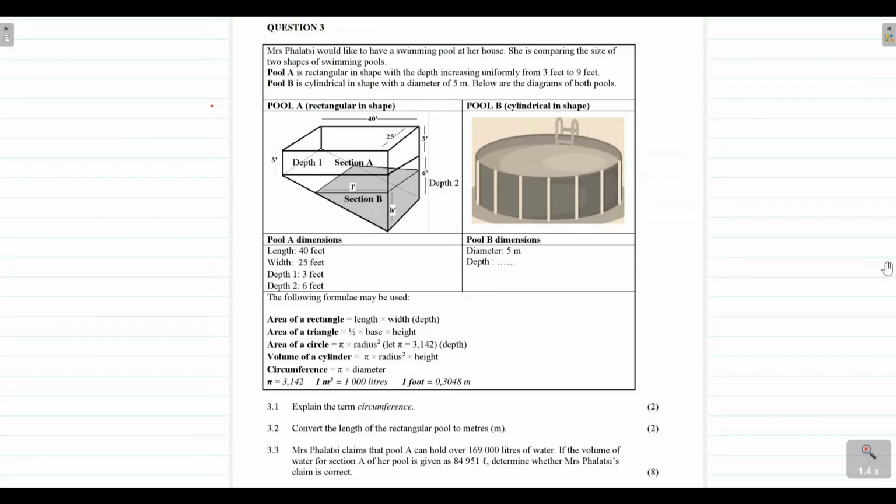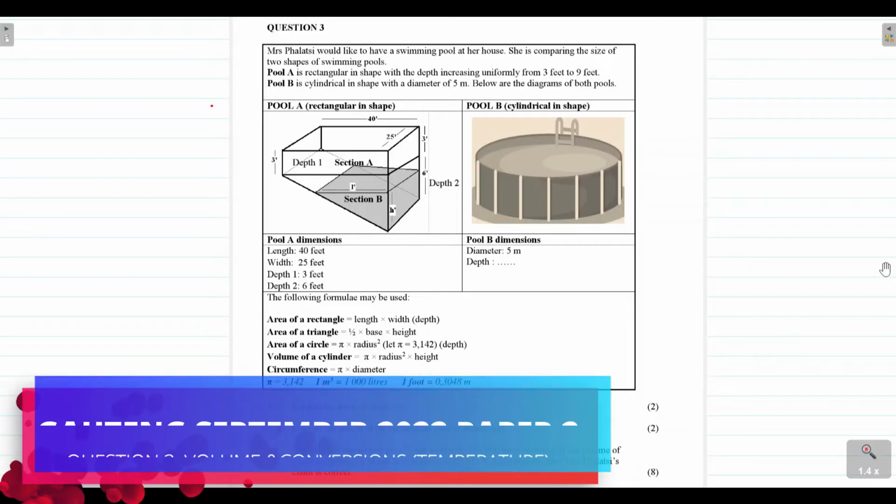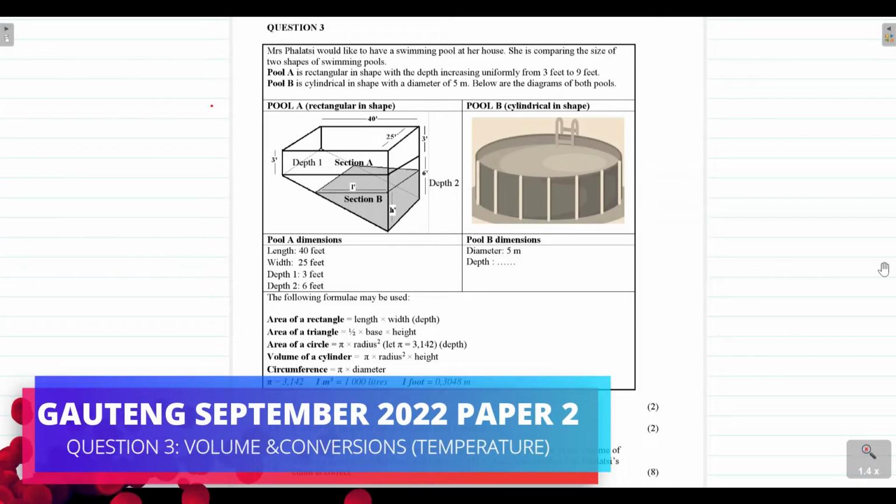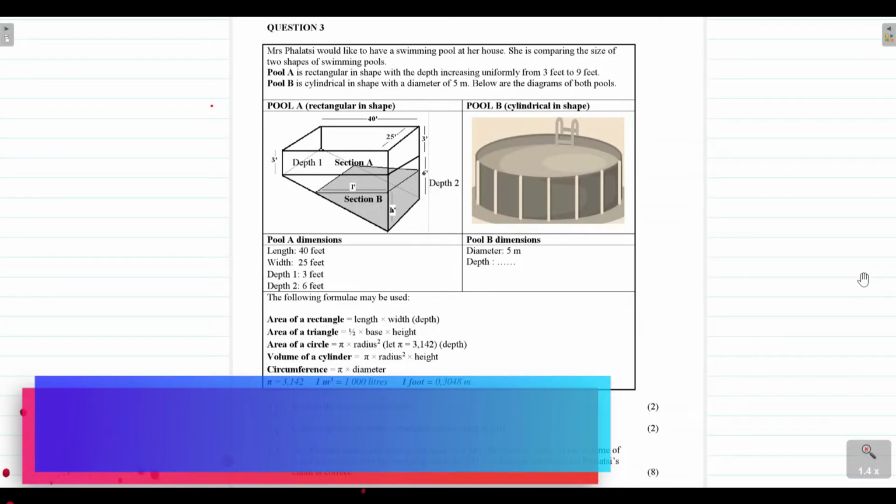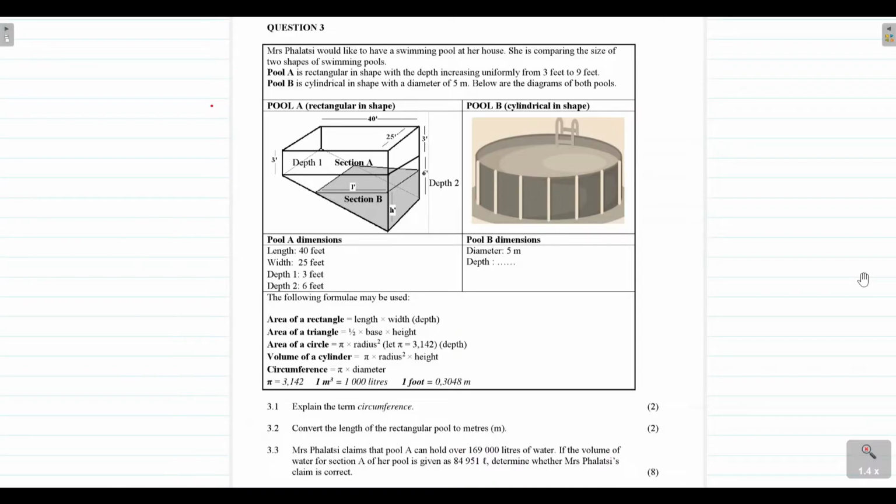On today's video tutorial, guys, we are going to be tackling question 3 from the grade 12 mathematical literacy paper 2 that was written by the Gauteng province learners. Question 3 deals with volume. So we're going to be calculating the volume of a rectangular prism and the volume of a triangular prism. It deals with conversions.